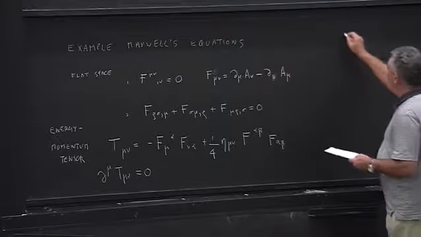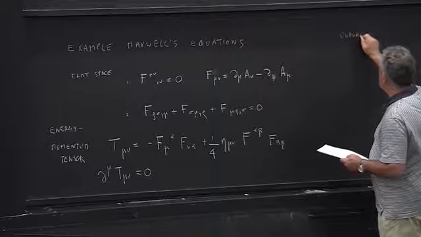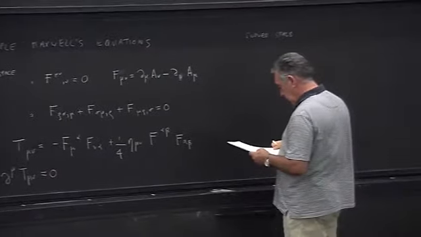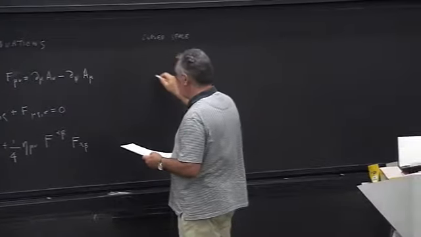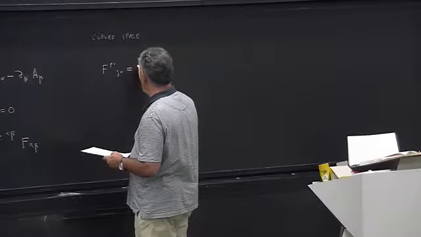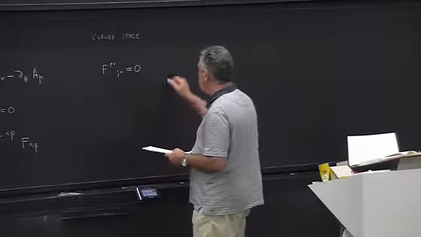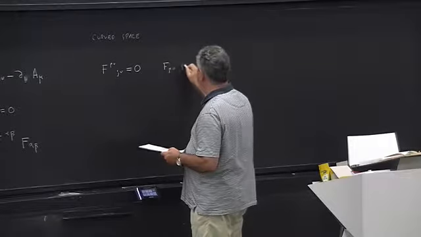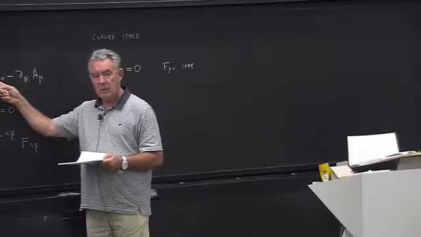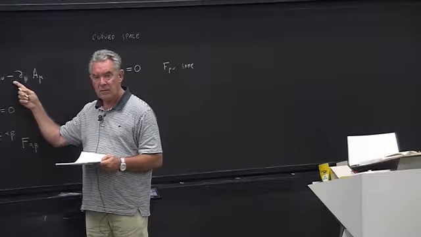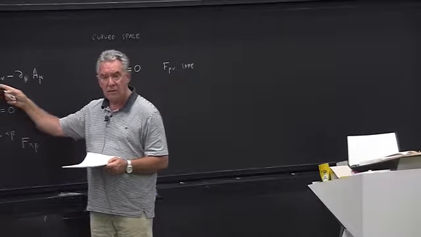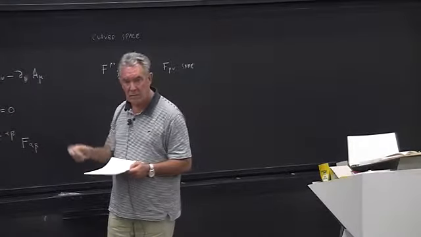So now let's go to curved space. This gets replaced by F^{μν}_{;ν} = 0. F_{μν} stays the same, by the way, because when we take the curl of a vector potential, that's one of the cases where the ordinary derivative gives the same answer as the covariant derivative.